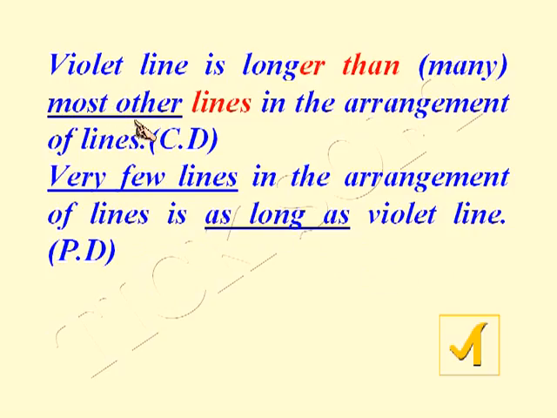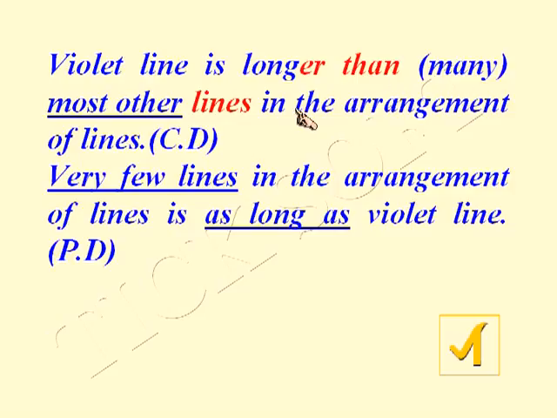Coming to comparative degree, violet line is longer than many other or most other lines in the arrangement of lines or colored lines. Violet line is longer than. Longer, comparative adjective. Than is also used in all comparative degrees.